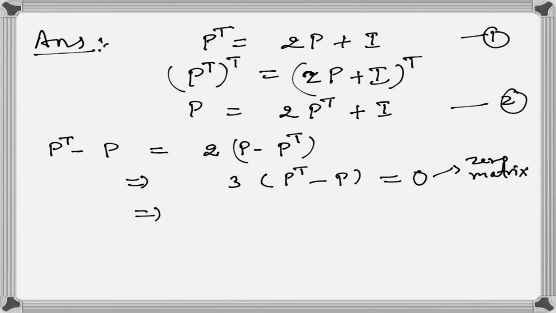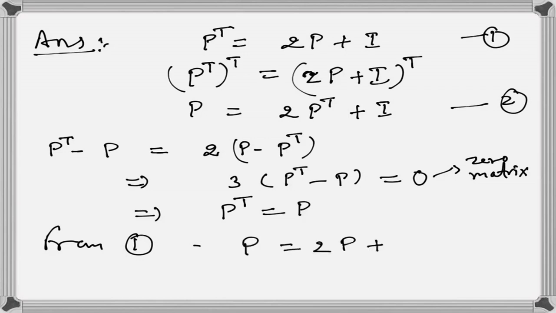So this implies P transpose is equal to P. That is, P is a symmetric matrix. Now given P transpose is equal to P, from equation 1 we get P is equal to 2P plus I, which implies P is equal to minus I. Alright, so this is what we obtained.